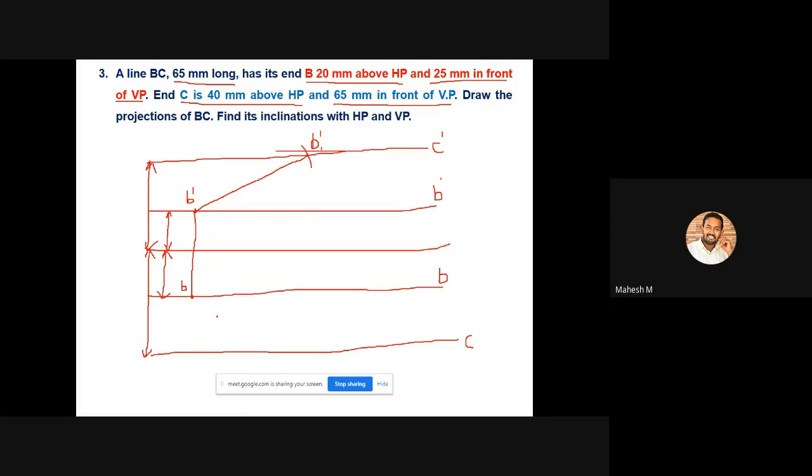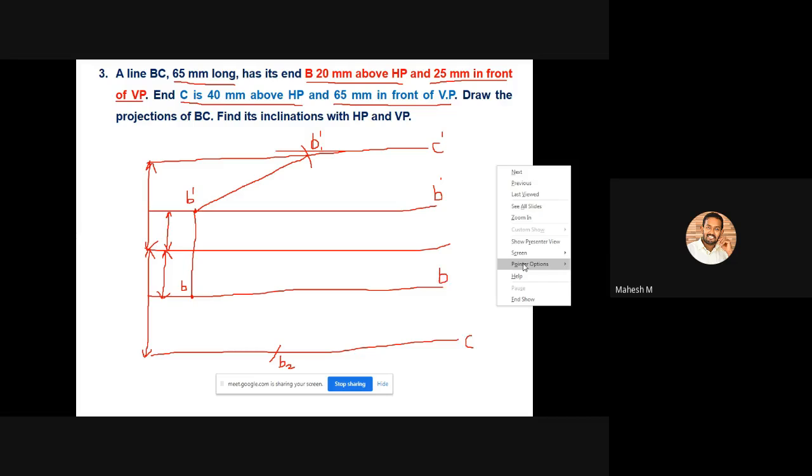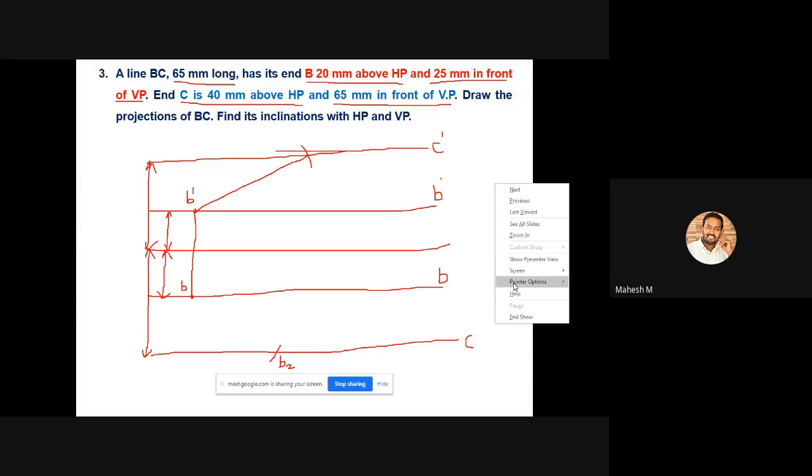And also you can create one more true line. With the same dimension, you can create an arc here, and mark this point as B2. Sorry, it should be C, not B, because the line name is BC.